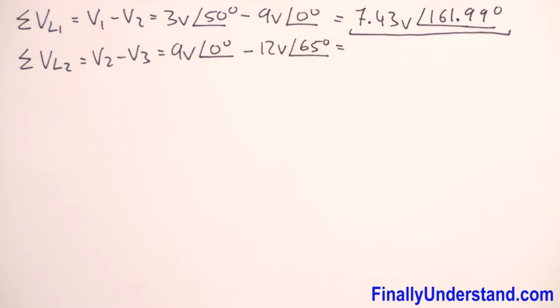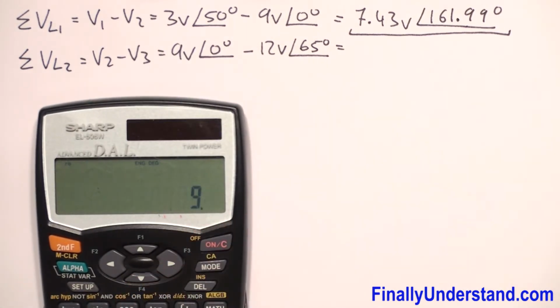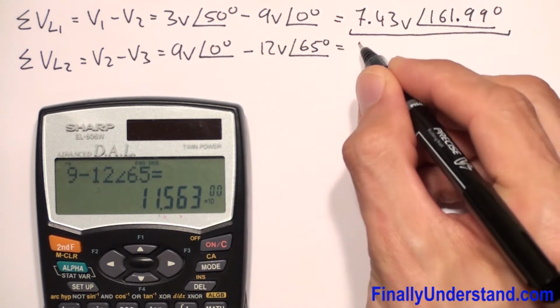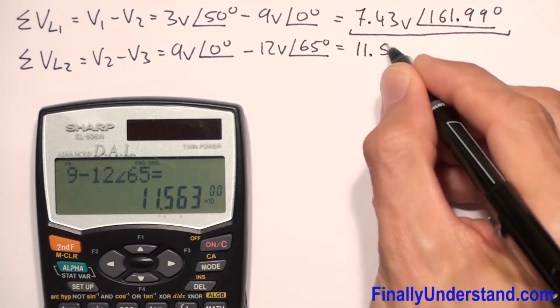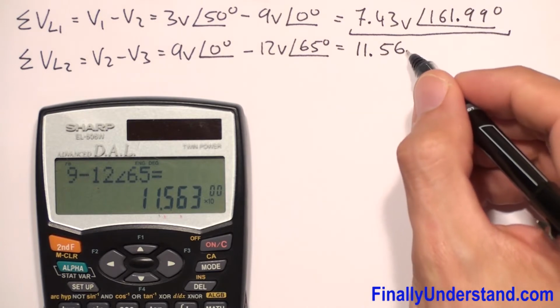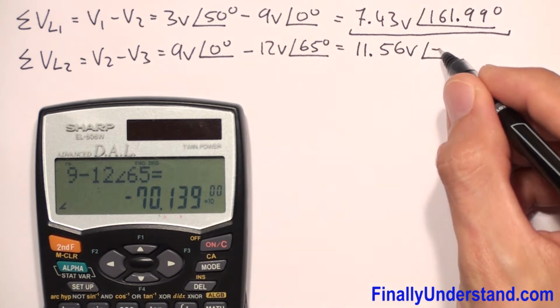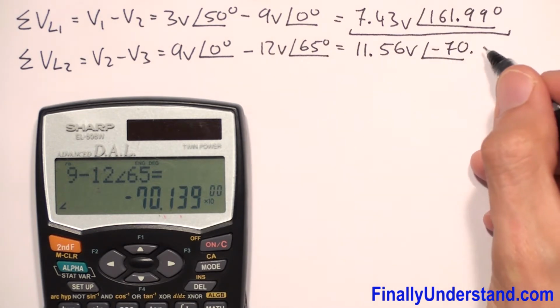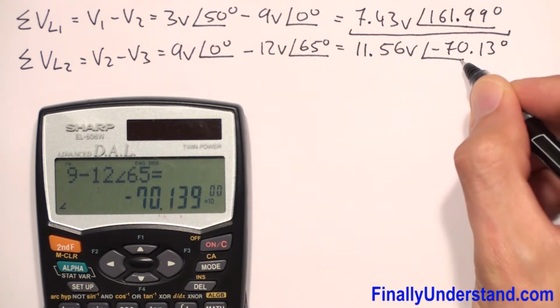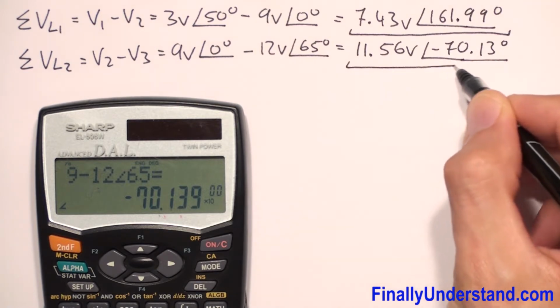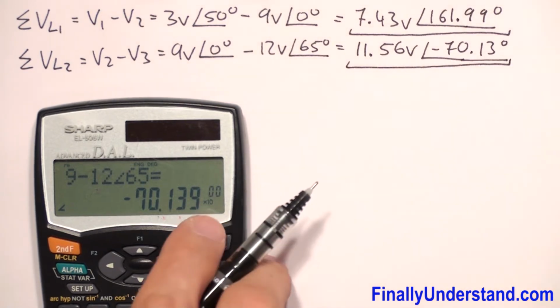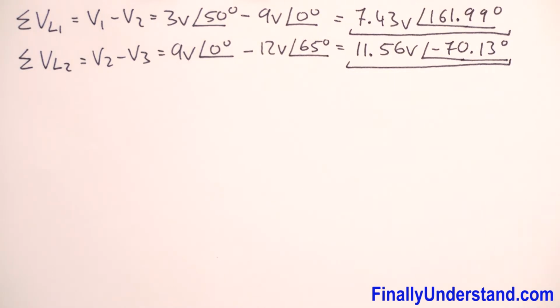This is equal to 9 minus 12 and angle of 65 degrees. This is equal to 11.56 volts and angle of negative 70.13 degrees. Okay, so this is the sum of the voltages in loop 2.